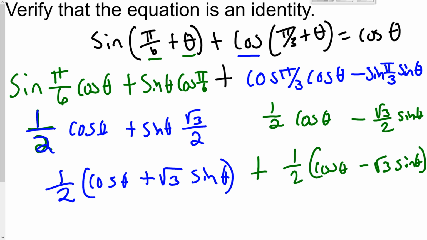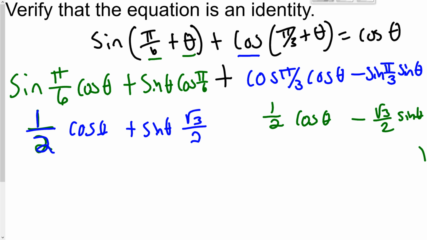Actually, maybe it's best to distribute that 1/2. So let's leave it right here because, as I'm looking at this, I have sine of theta times √3/2, and I have sine of theta times negative √3/2. So I could rewrite this one as √3/2 times sine of theta.